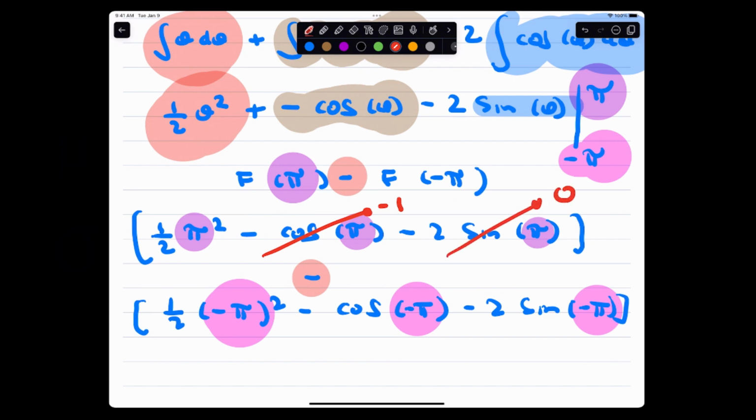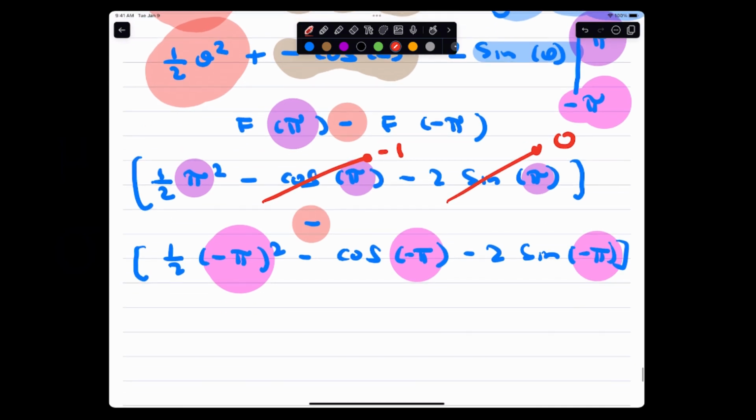Isn't that 0? Do you guys know anything about cosine? Cosine is nice and even. What does that mean? This is cosine pi. This would be -1. Sine is odd. What does that mean? What's minus sine pi? And that's still 0 because sine pi is 0.